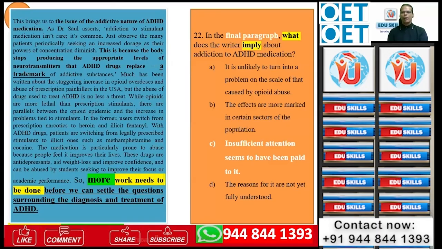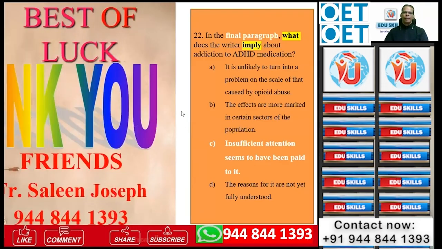Insufficient attention seems to have been paid to it. So they are putting it in a paraphrased way: insufficient attention is paid, means we need to pay more attention. Here it says more work needs to be done, or here it says more attention needs to be paid. So that's a paraphrasing effect being used in this. And that is it.